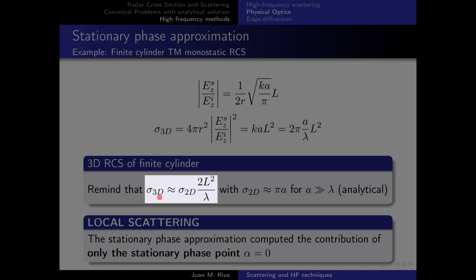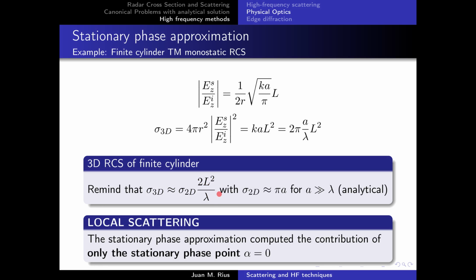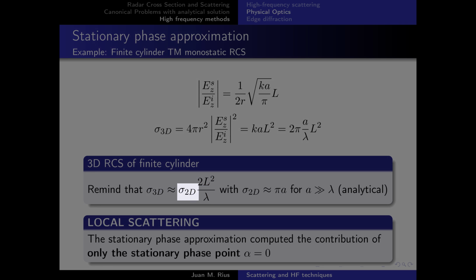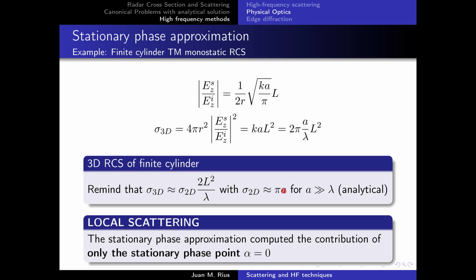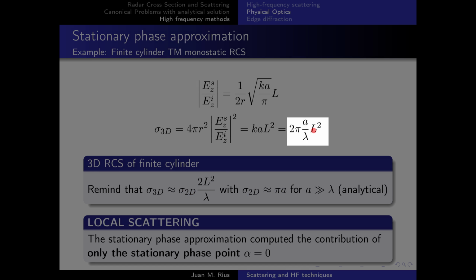This formula relates the 3D radar cross-section with the two-dimensional radar cross-section of the infinite cylinder, times L squared over lambda. If we replace the two-dimensional RCS with pi a, what do we get? 2 pi a over lambda L squared. We obtain exactly the same result.